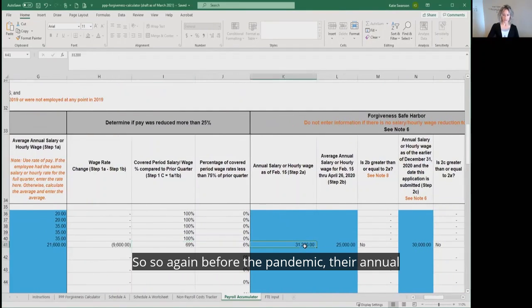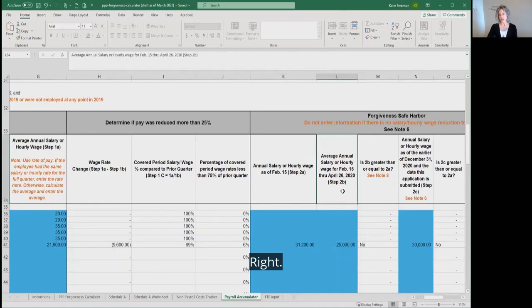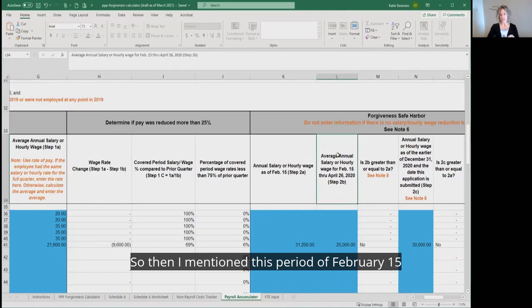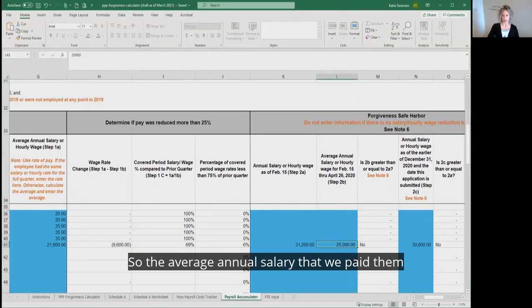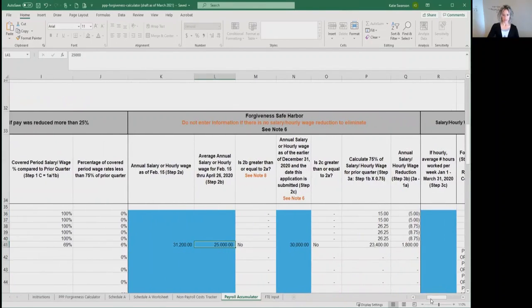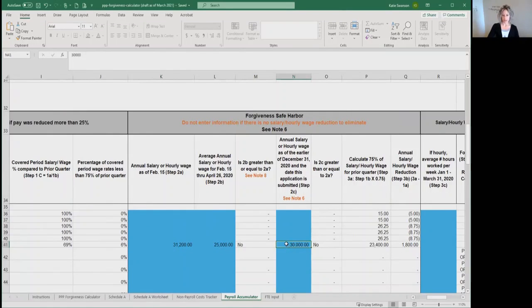All right, so again, before the pandemic, their annual salary was $31,200. Then I mentioned this period of February 15th through April 26th, 2020. The average annual salary that we paid them during that period was $25,000. By the end of 12/31/2020, we were paying them an average annual salary of $30,000.